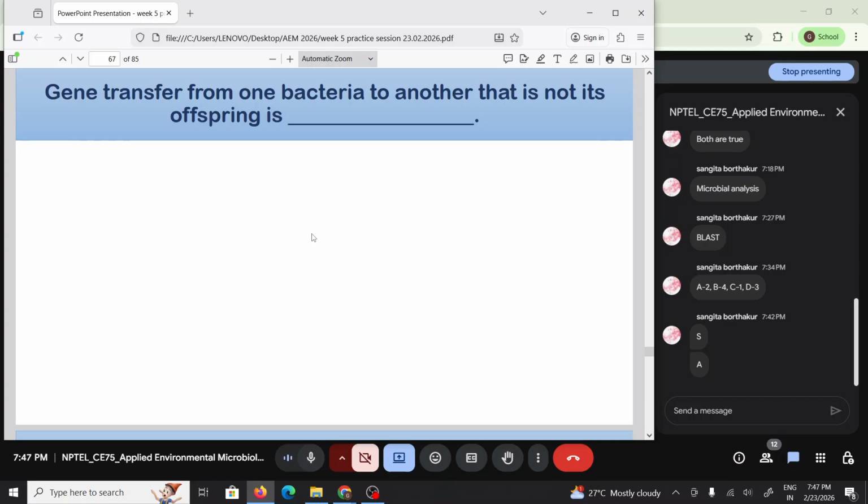Okay, in the next part we'll see some other genomic topics. So the gene transfer from one bacteria to another that is not its offspring is called what?